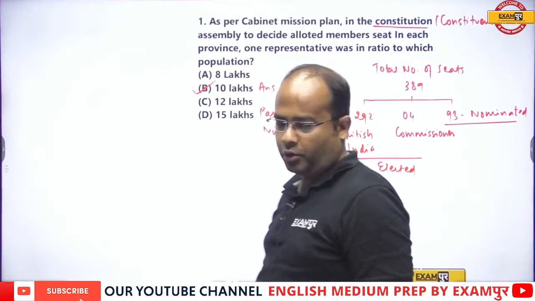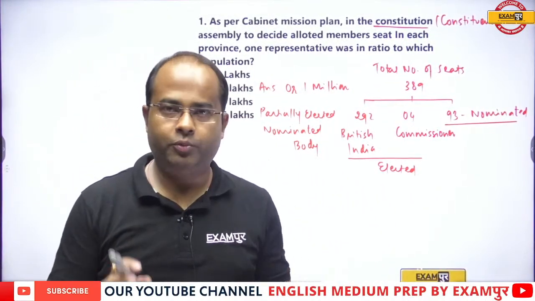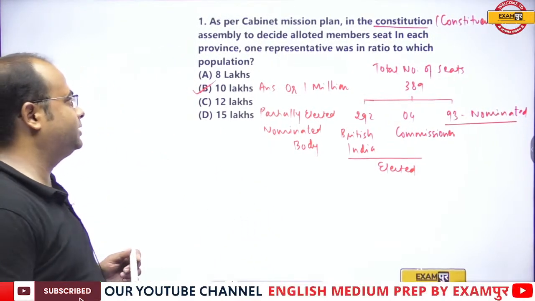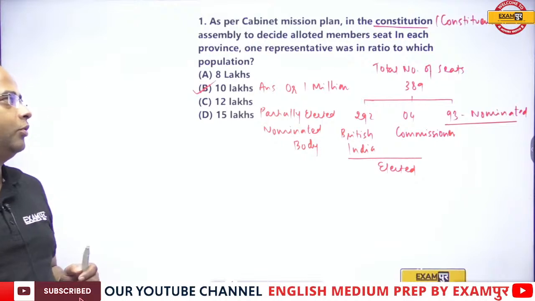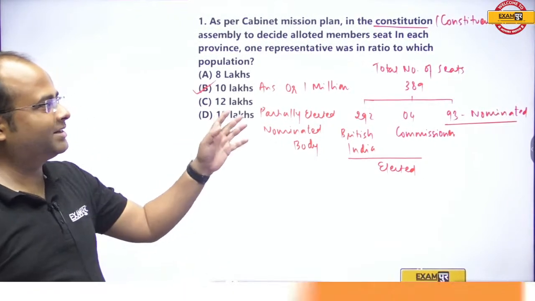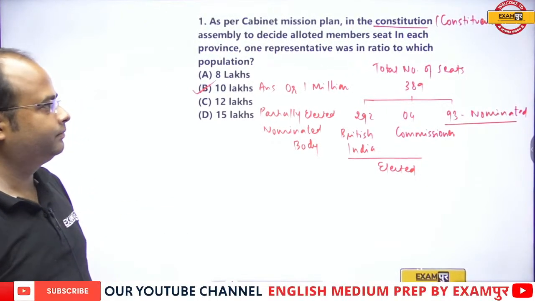So one representative was chosen on 1 million population. The correct answer, guys, is option B, that is 10 lakh population or 1 million. And the total number of seats in the Constituent Assembly was 389.